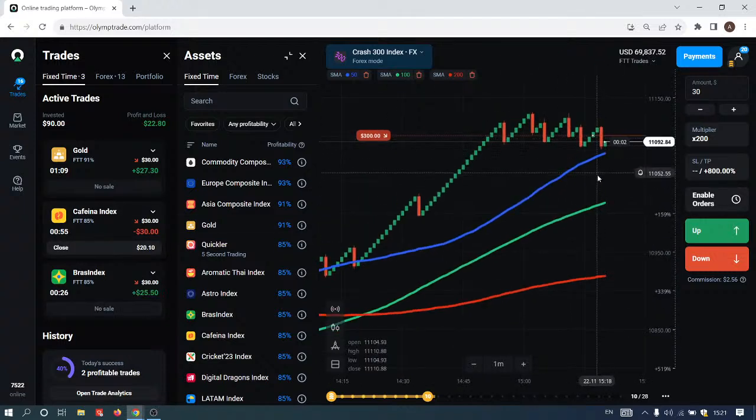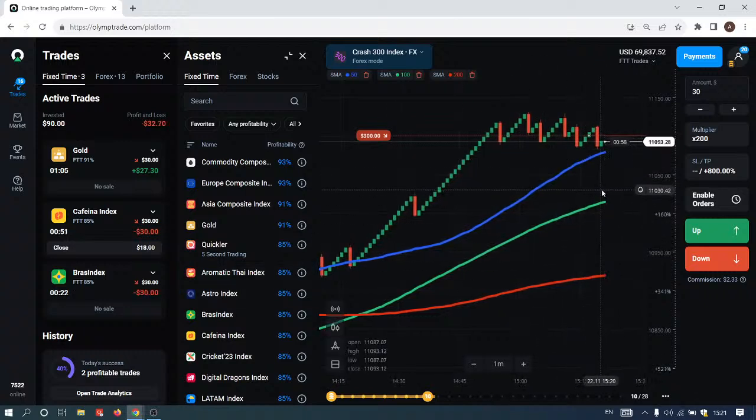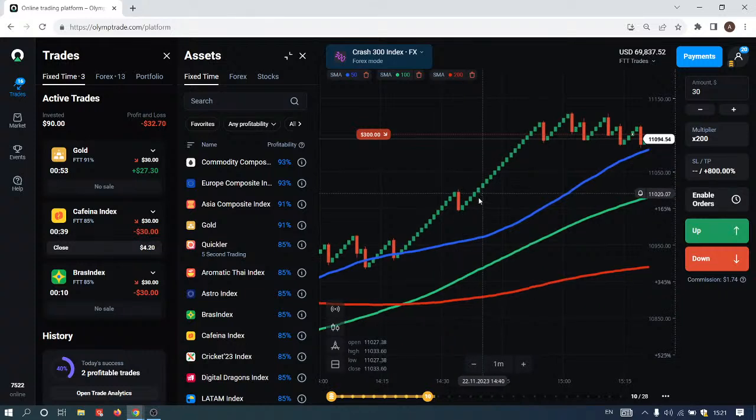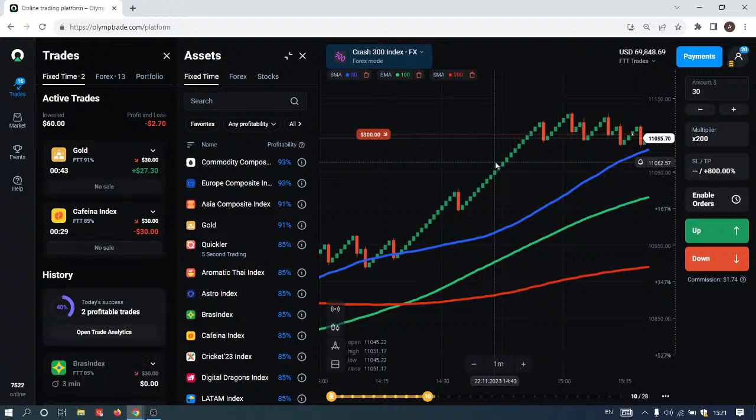So this asset is really volatile, and what I really like about it is that it's always on the move. It has this thing with candlesticks where you can count how many candlesticks are in a row. After 20 green candlesticks in a row, it's very unlikely that you're going to end up with another one.